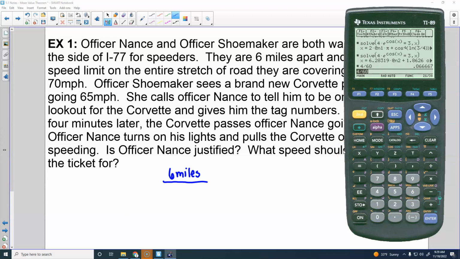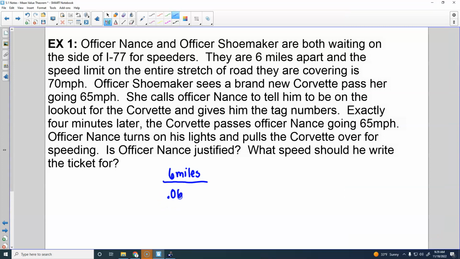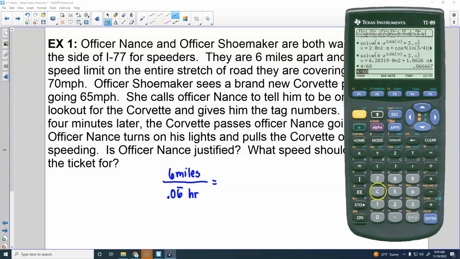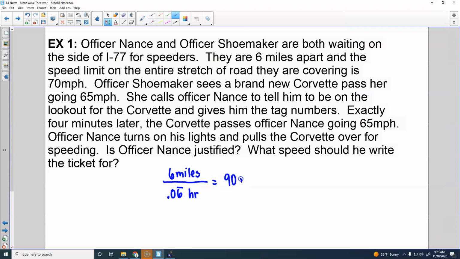Which will give us 1/15 or 0.067 repeating hours. If we do 6 miles divided by 0.06 hours, we're going to get 90 miles per hour. This is his average speed.